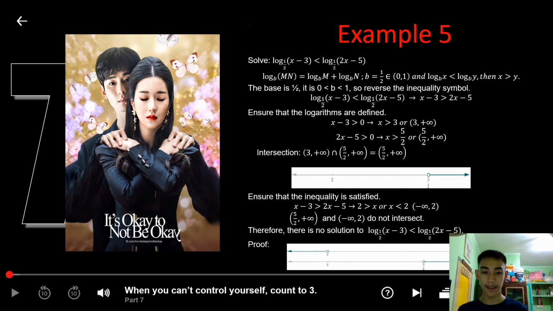And the interval negative infinity and 2 is 2 to the left, which is toward negative infinity, and it does not intersect with 5/2 and positive infinity, so therefore there is no solution.